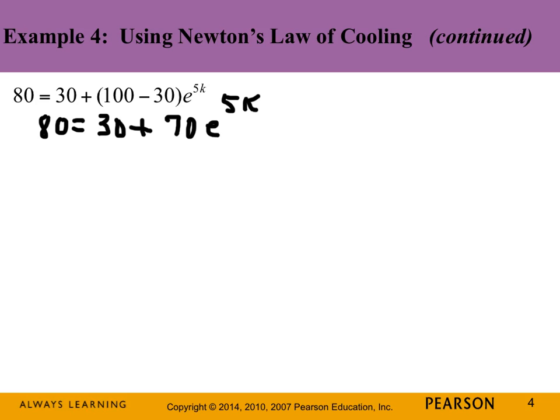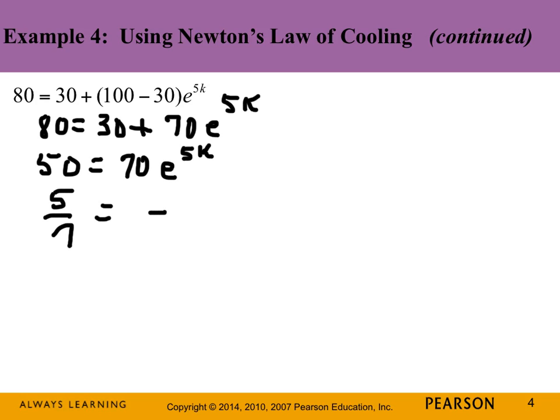Now subtract 30 from both sides. 50 equals 70 times e to the 5k. Now divide both sides by 70, and 50 over 70 can be reduced to 5/7 equals e to the 5k.